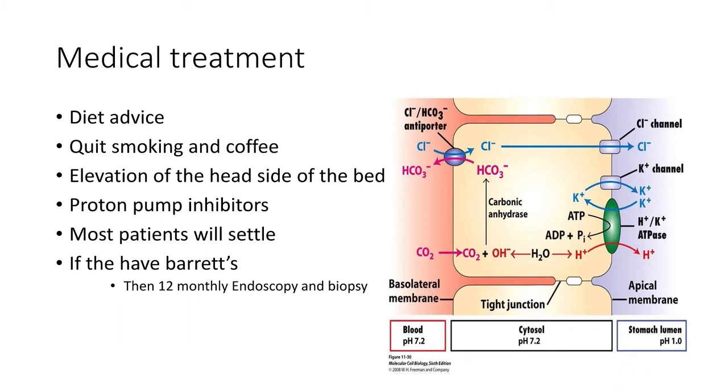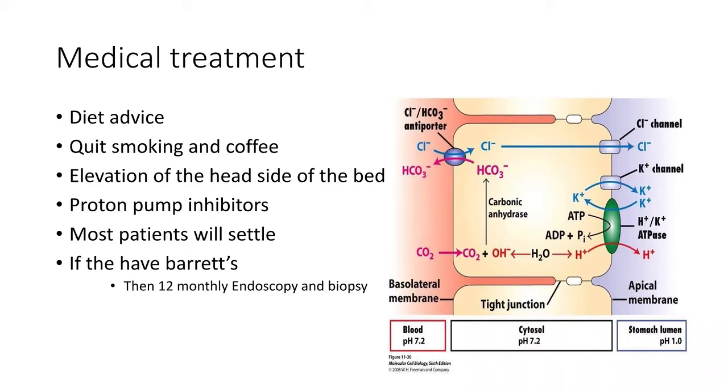So the pump will push bicarbonate to the circulation, and on the other side, the hydrogen will get pushed out by the specific channel that is blocked by the proton pump inhibitor. And they are very effective.